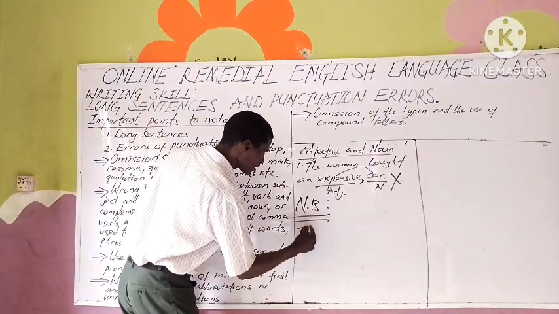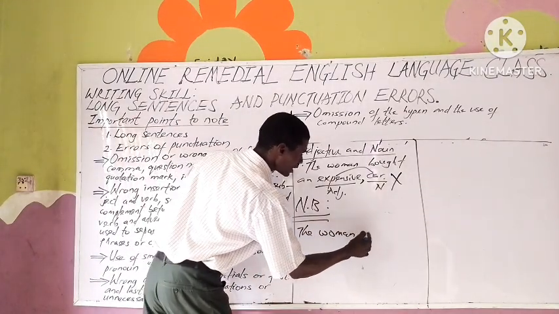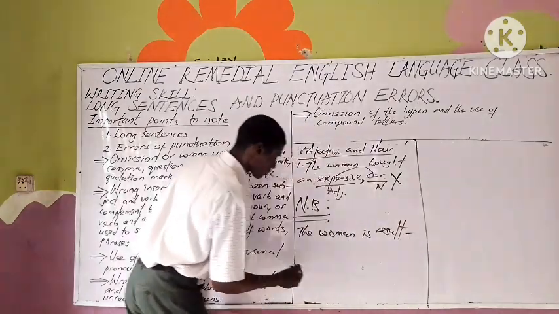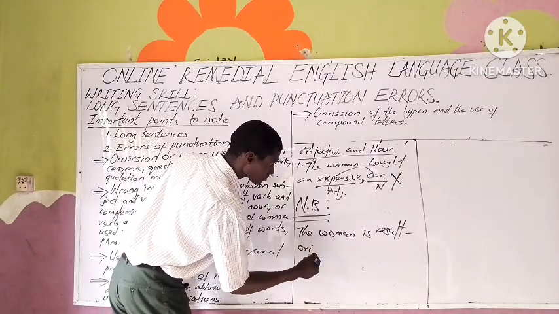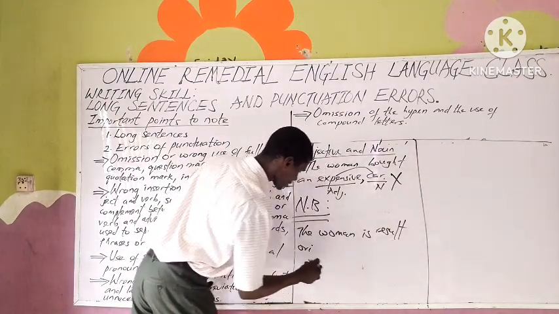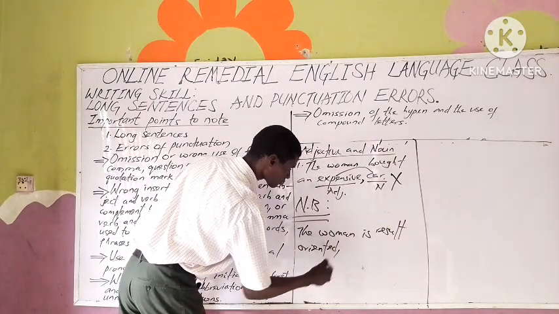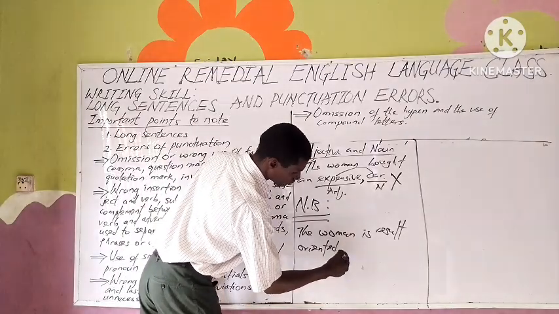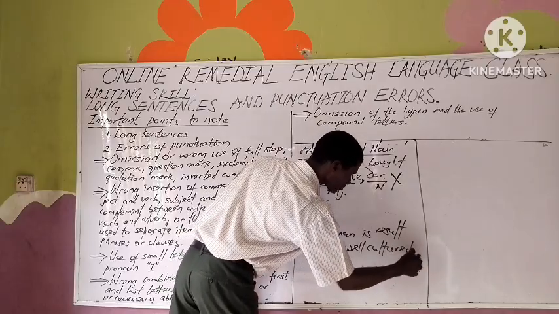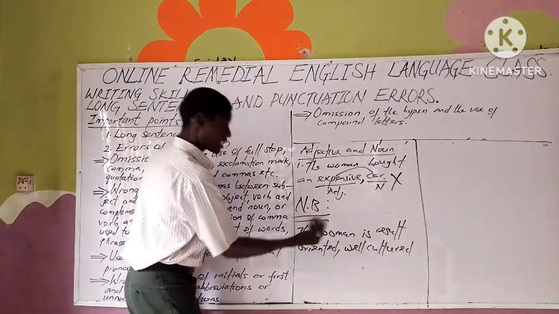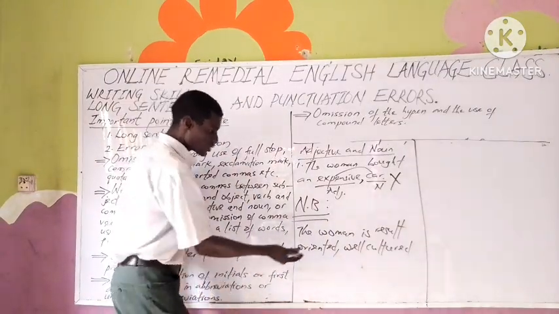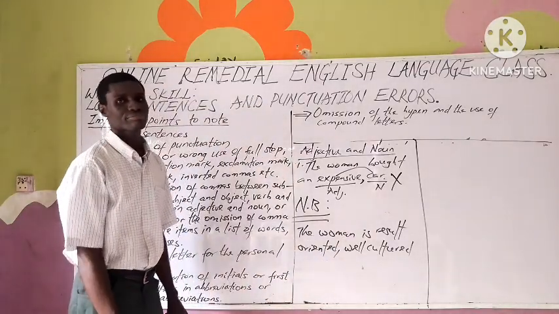For instance, you have: the woman is results oriented. The woman is results oriented, well cultured. You can stop there and put a full stop, or put and list another thing.